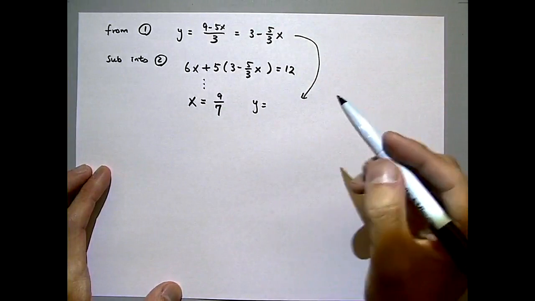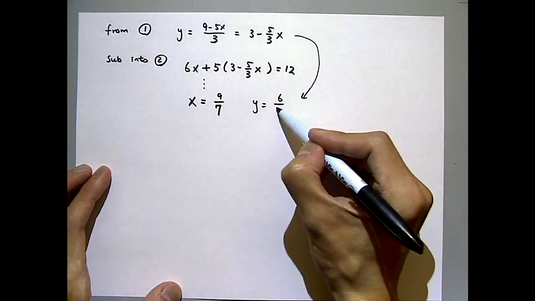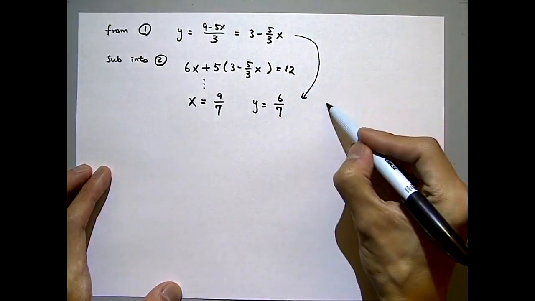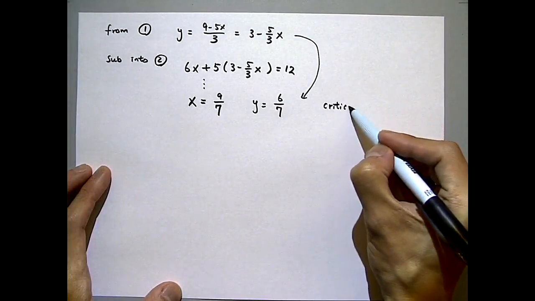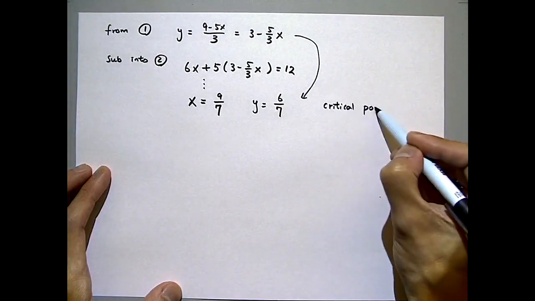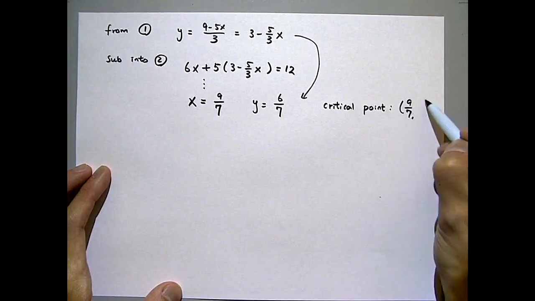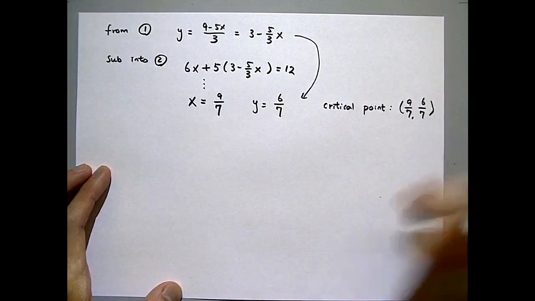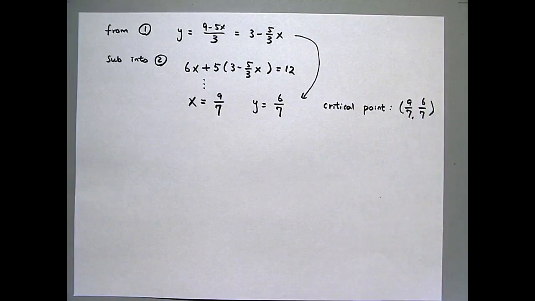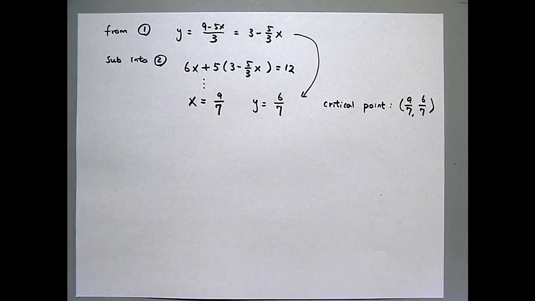And y turns out to be 6 over 7. Okay? Okay, next step.